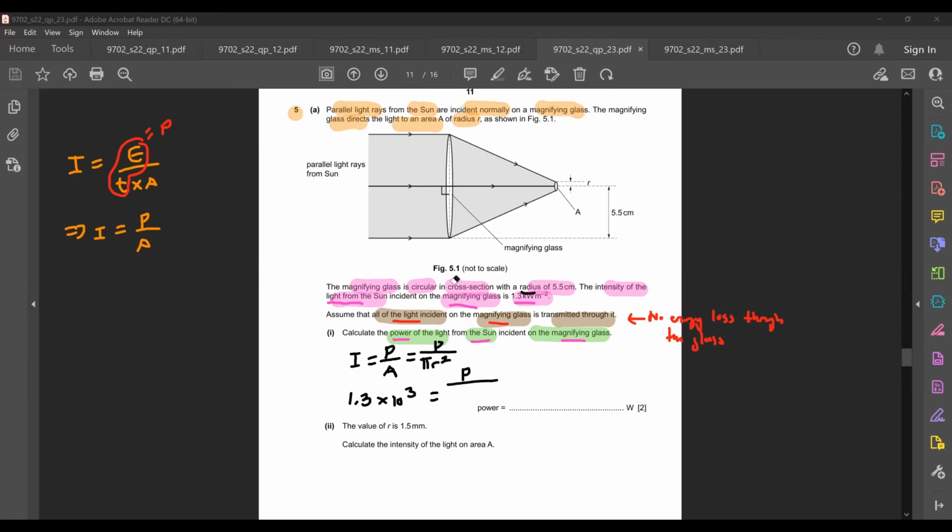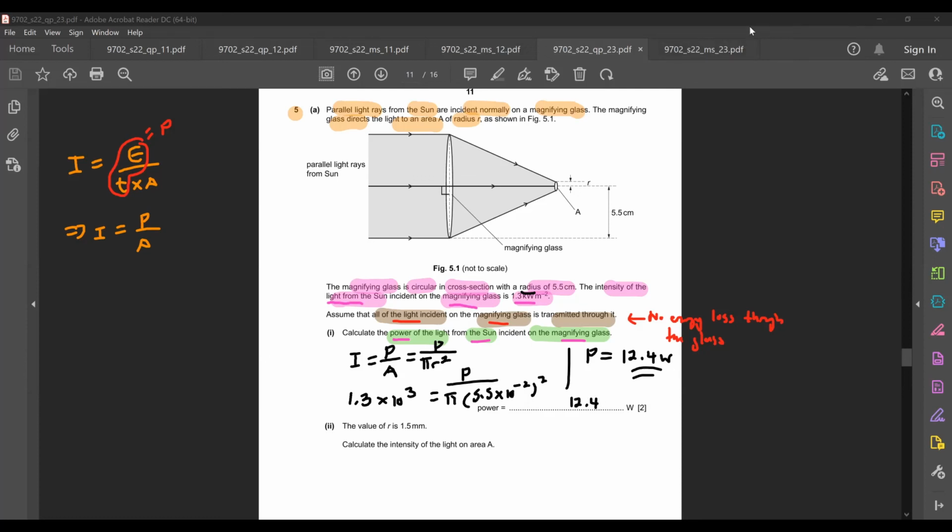Okay, so this one would be pi times 5.5 times 10 power minus 2 squared. So power would thus be 5.5 times 10 power minus 2 squared times pi times 1.3 times 10 power 3. You should be getting 12.4 watts.